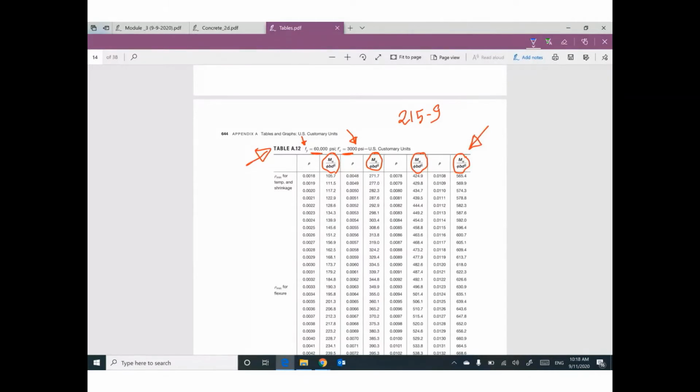I think you are here. We will not look for a smaller value, but you can get a higher value. If you didn't find the actual value 215, go ahead and use the nearest higher value, which is 217.8. What is the value of rho? 0.0038.